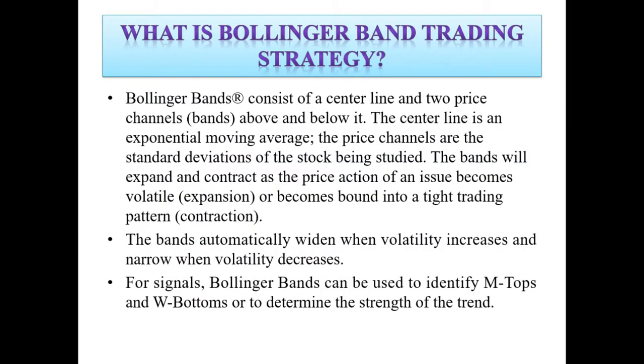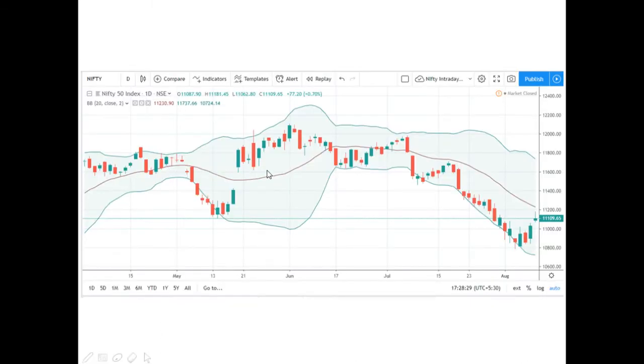As we've already seen, the center line is the exponential moving average, and the two bands above and below it are the standard deviations of the stock being studied.